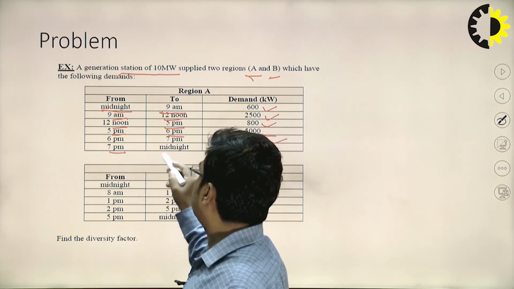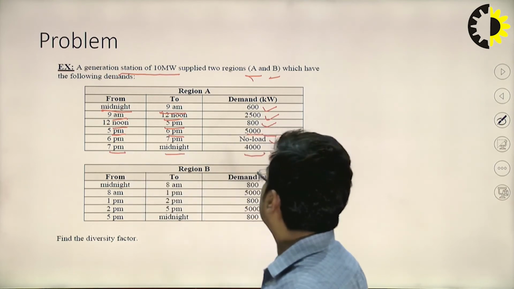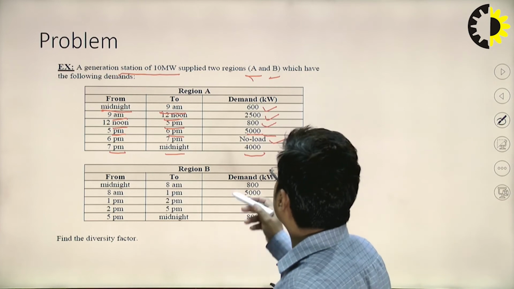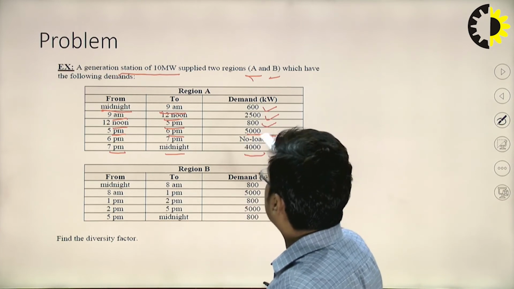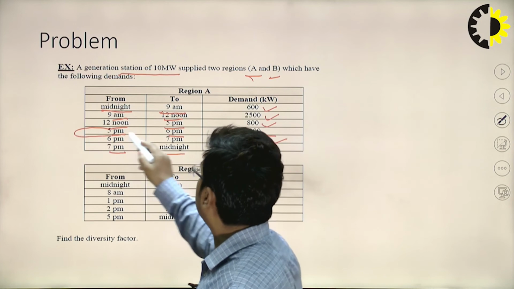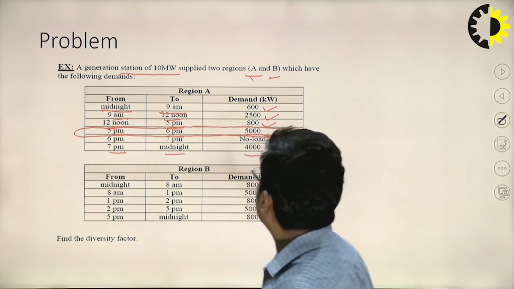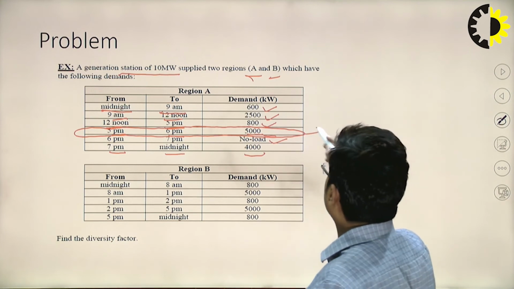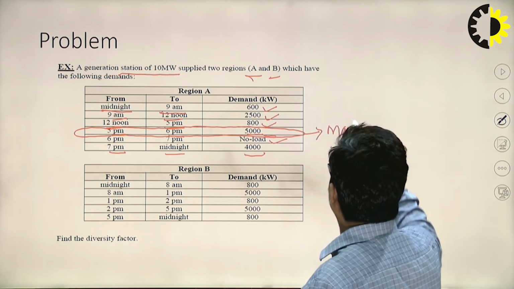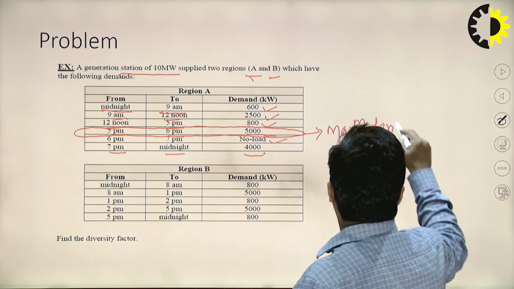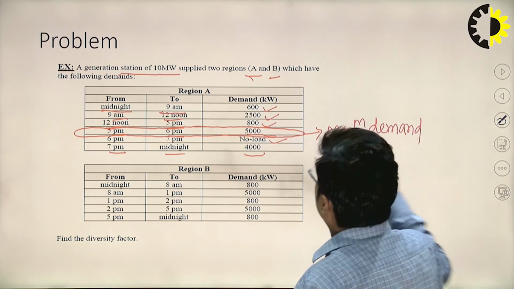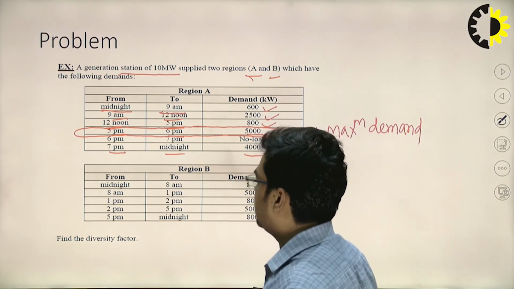From 7 PM to midnight, 4000 kilowatt. So from this data, we can see that the duration of 5 PM to 6 PM at 5000 kilowatt is the maximum demand for this particular region.